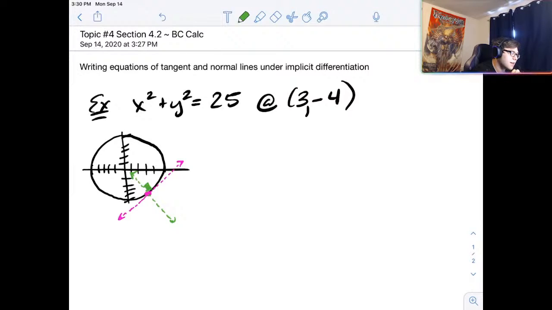Now, no satellite roams in a perfect circle, and most are in an elliptical pattern because of Newton's gravitational law. But here with implicit differentiation, we're just going to assume that it is a circle. Keep in mind that tangent and normal lines do have huge uses in both math and physics.